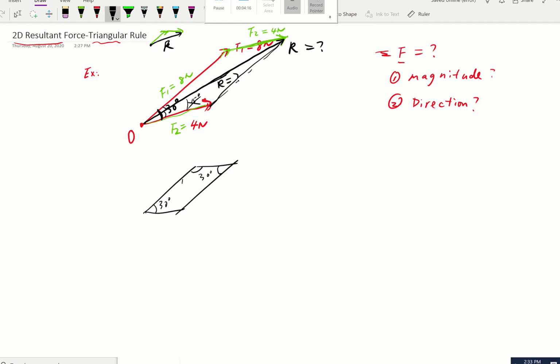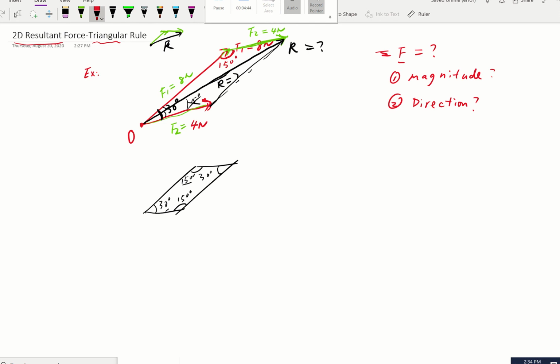That's going to be 150, because 150 plus 30 equals 180. That is always true for a parallelogram. So this angle will be 150 degrees. So knowing that, if that angle is 150, can you tell me what this angle is going to be? That's right, 150 degrees.